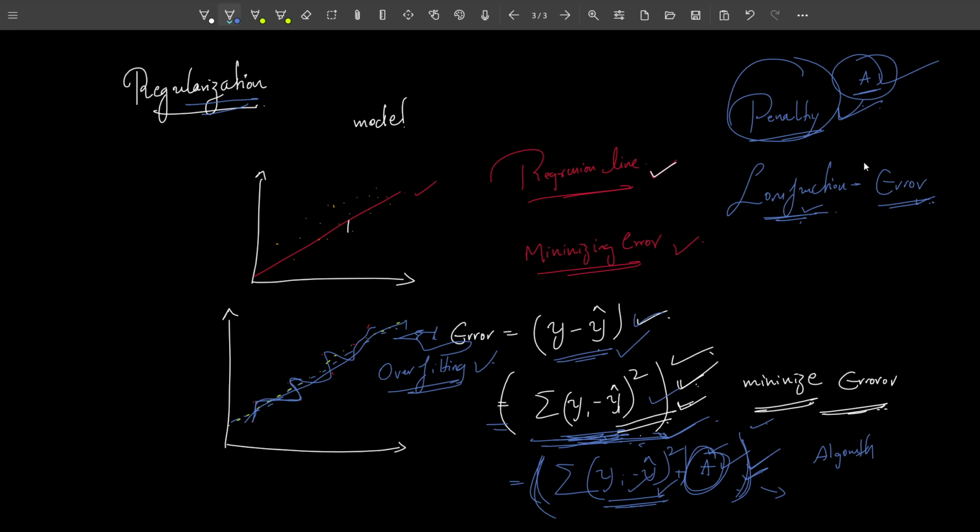So now we change that particular error function, adding some disturbance to it, so that the algorithm minimizes not the exact error but the additional penalty along with the error, so the fitted model won't be as good as the overfitted model. The fitted model will be a little more generalized because it's not exactly minimizing the error and it's minimizing something other than error also. So this is how the regularization process works.